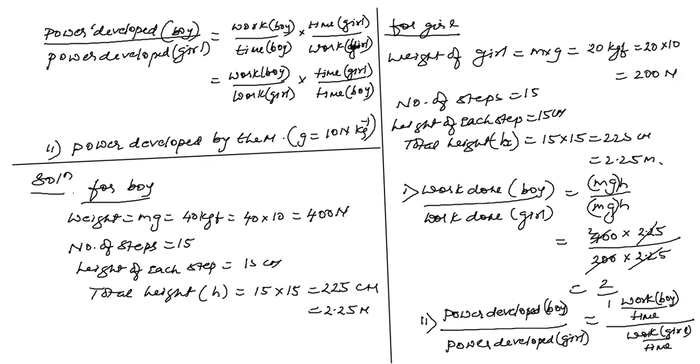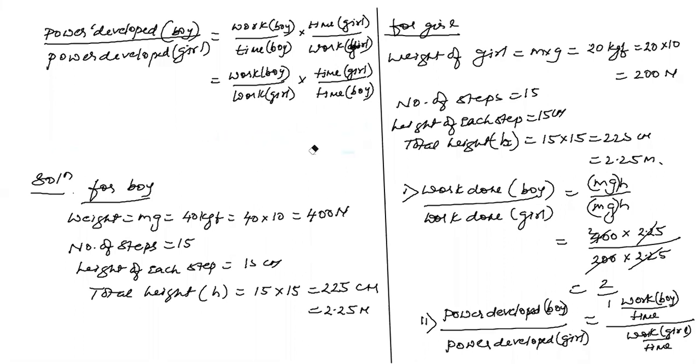So how much will you get here, children? You can see it here clearly, children. Work done by the boy, the ratio is 2 upon 1 into time taken. Please have a look here. Time taken by the girl.